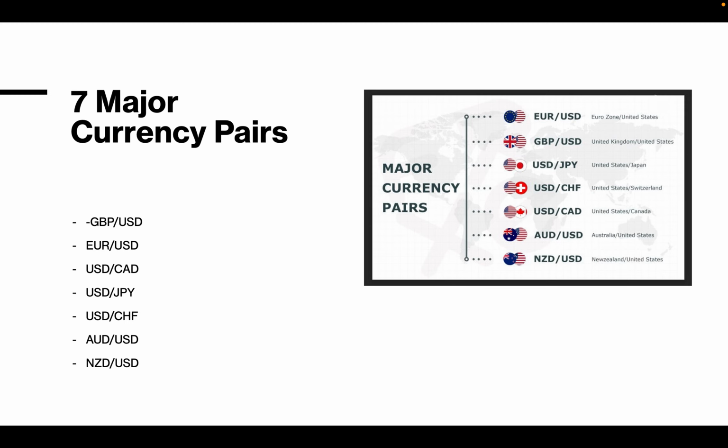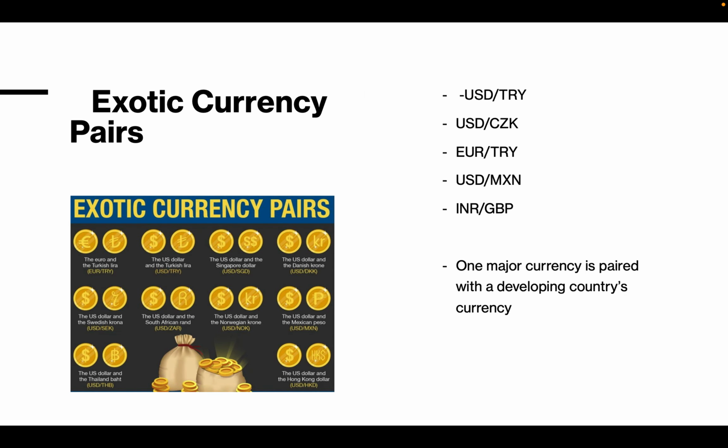It's not as volatile, and it's a good pair to start with. And then if you continue on, you got USD CHF, you got AUD USD, New Zealand dollar versus the US dollar. And mind you, these 7 currency pairs are traded by 90% of forex traders when they do trade. But there are over 180 currency pairs you can trade.